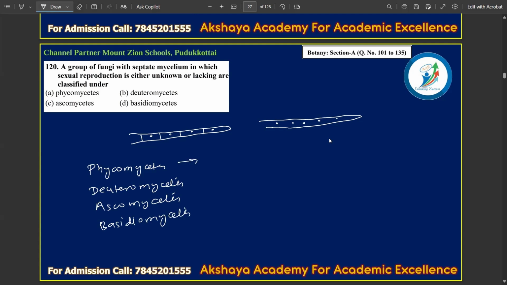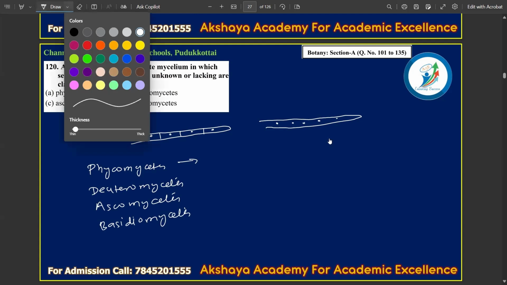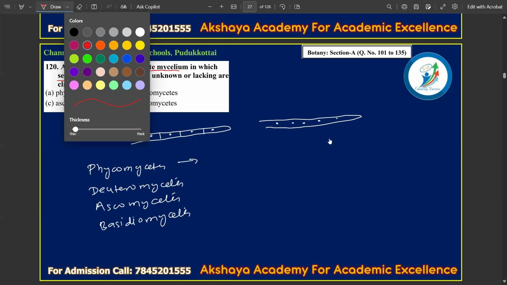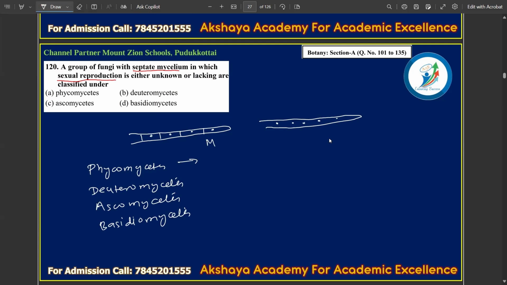Now we need to check two things: septate mycelium and sexual reproduction. So let's put mycelium type and reproduction. If you check Phycomycetes, they are aseptate, and they reproduce both asexually and sexually.